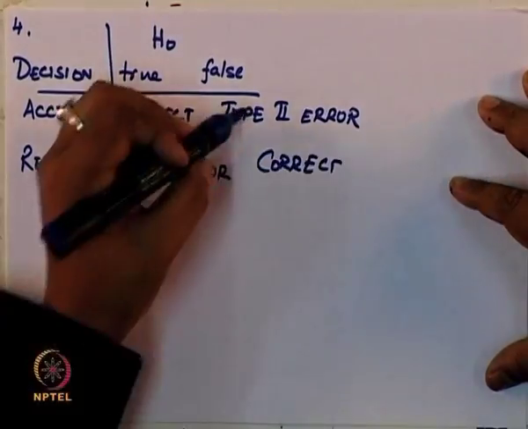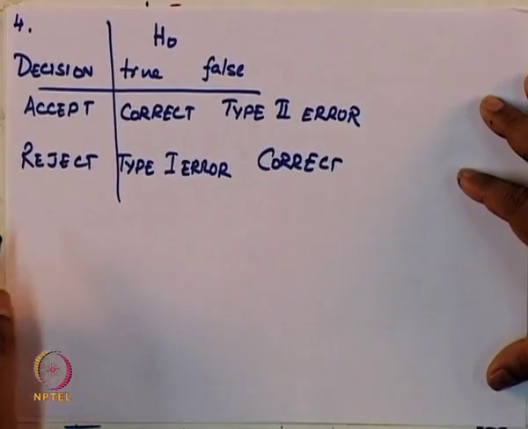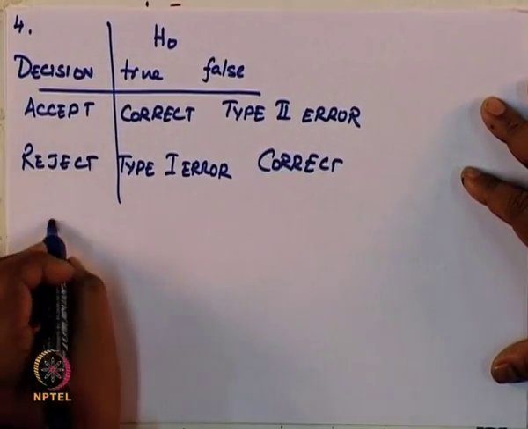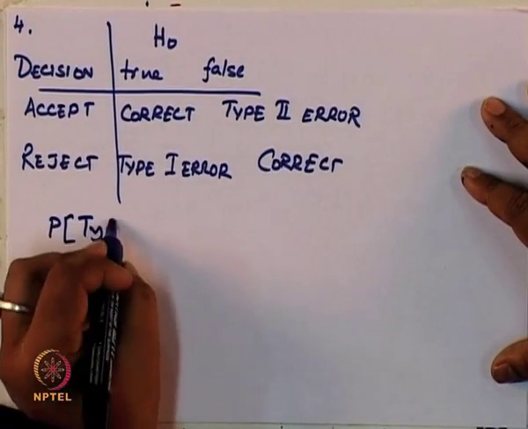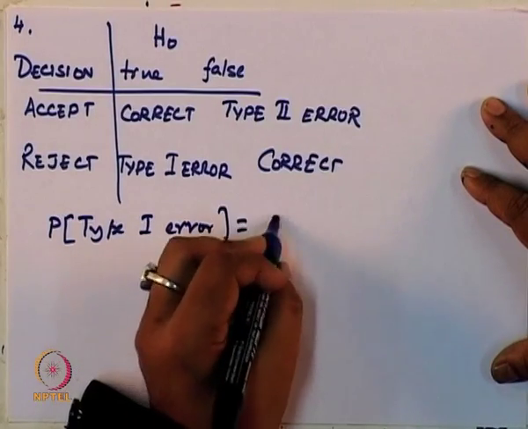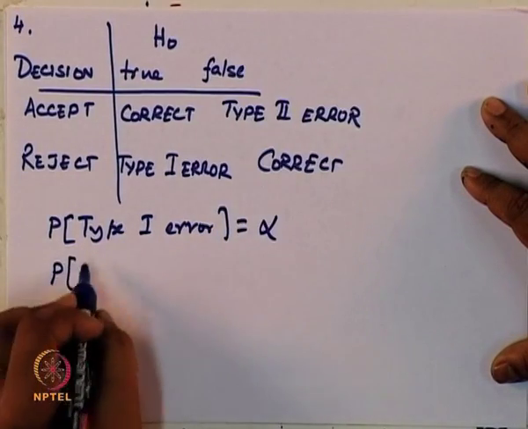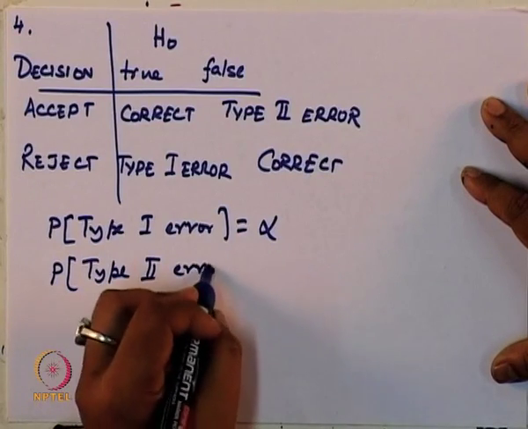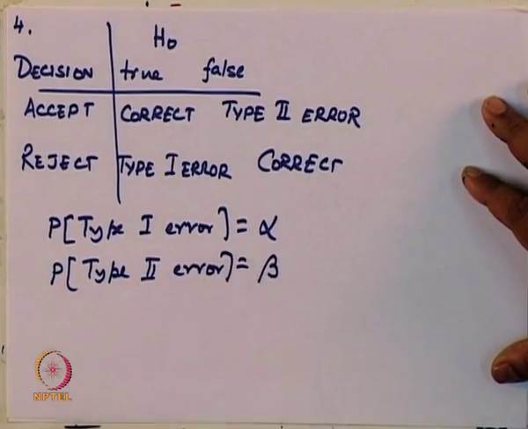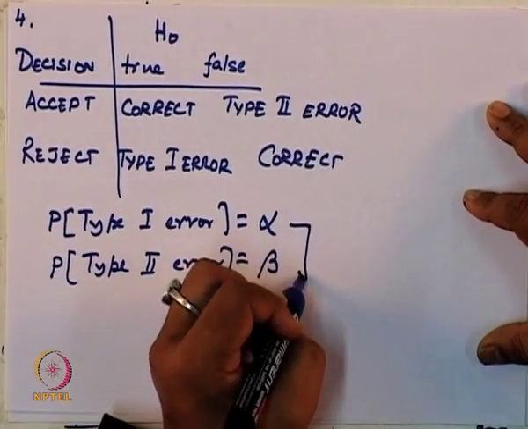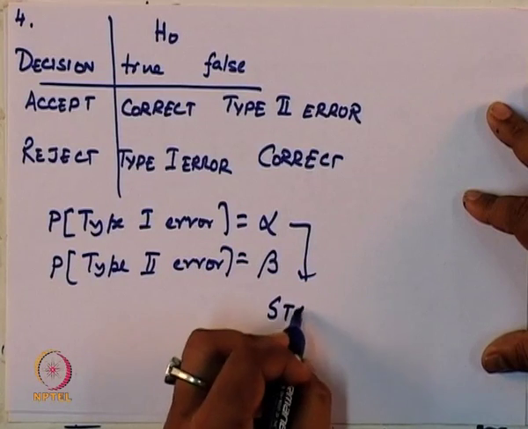So, there are two types of errors you can make. This is your type 1 error and this is your type 2 error. So, probability of type 1 error is alpha and probability of type 2 error is beta.